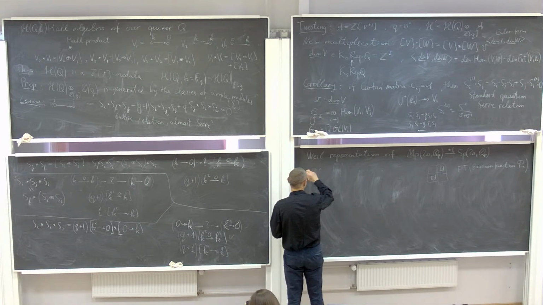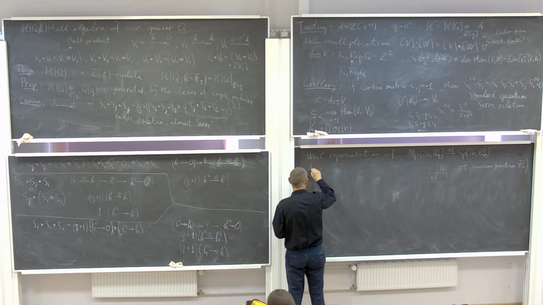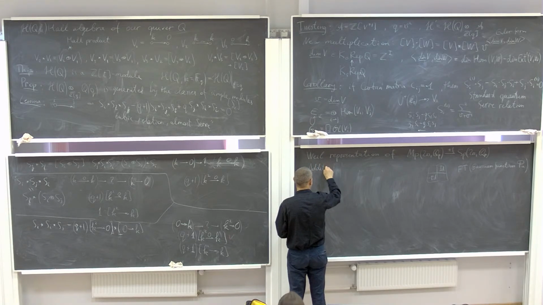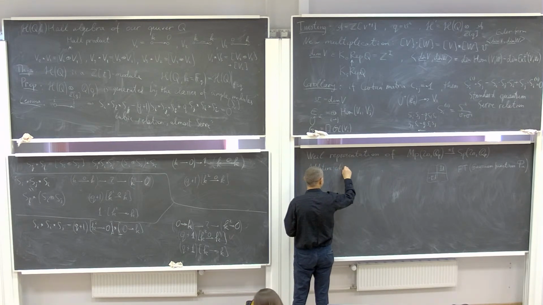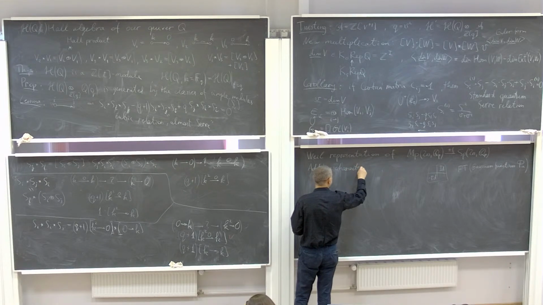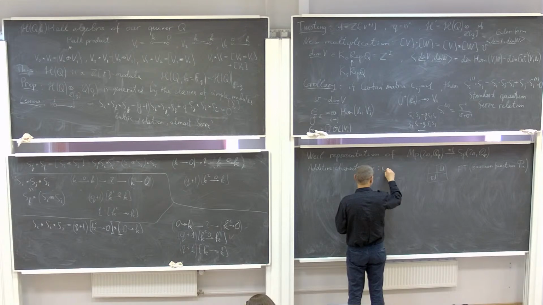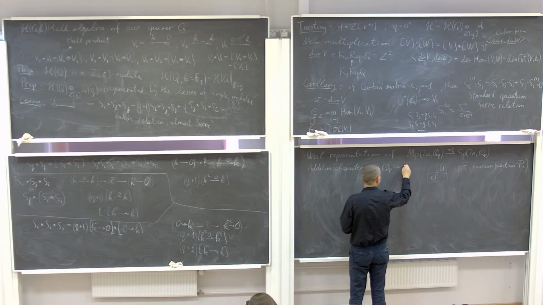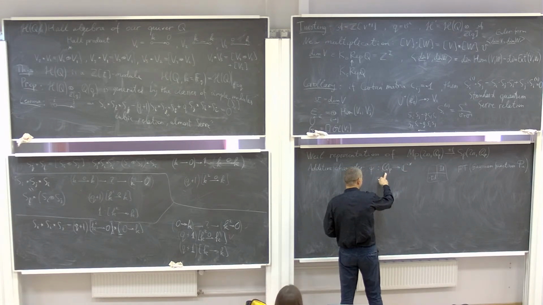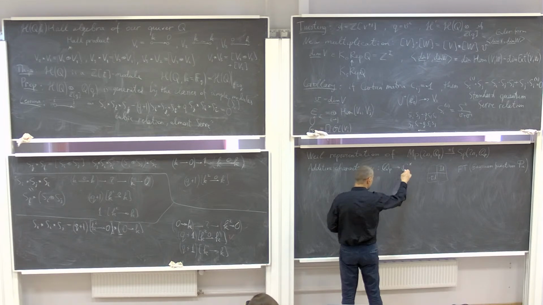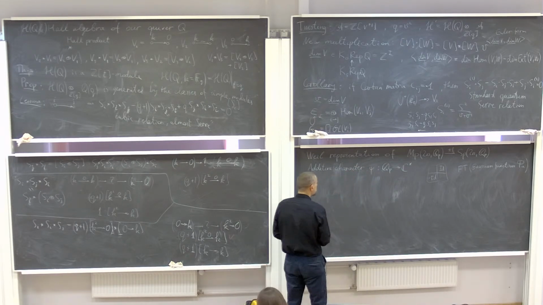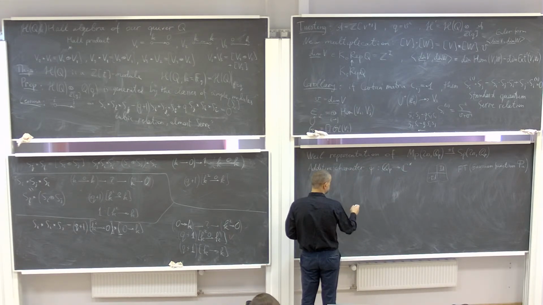So we need the additive character psi from the additive group of the p-adic field to the multiplicative group of complex numbers.